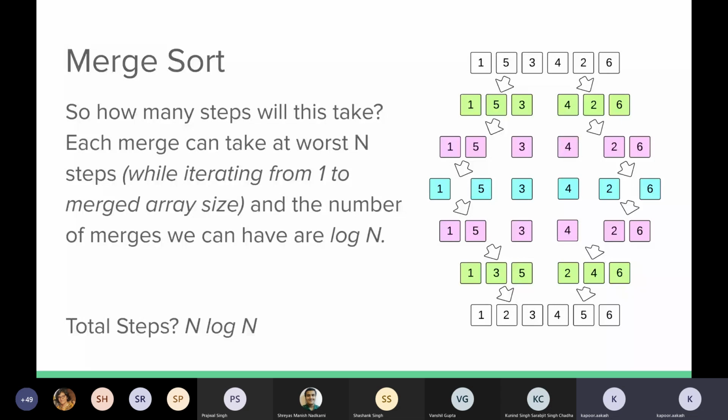The complexity will be n, because with two pointers, each of them will be running over their respective sorted array, and the total number of steps will be the sum of the lengths of the two arrays. So the sum of two sorted arrays can be done in n steps. You don't need n square or anything, because you know that the arrays are sorted. So this two-pointer approach is also very important. Do keep that in mind.